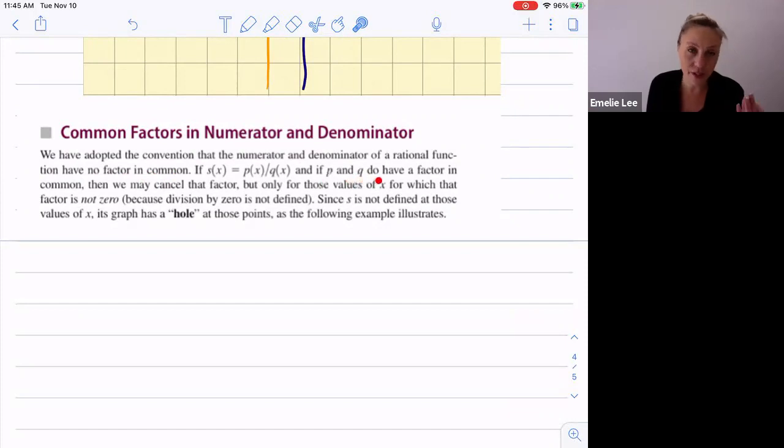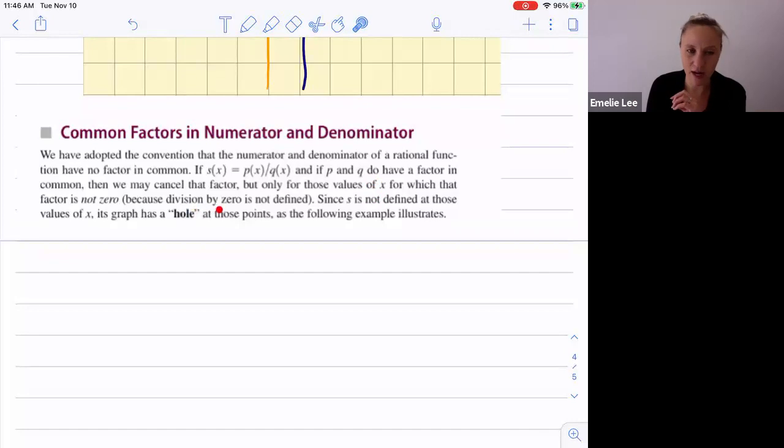If P and Q do have a factor in common, we're allowed to cancel that factor, but we have to remember that even if we've canceled that factor, it's still there in the original equation. So we need to keep that in mind for our domain, our possible inputs.